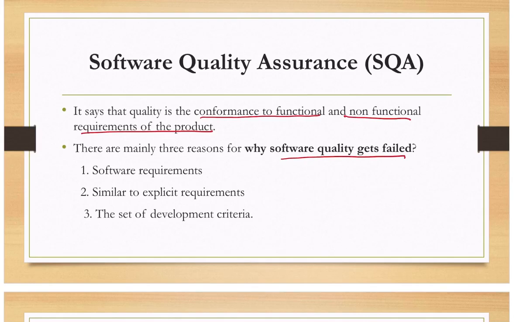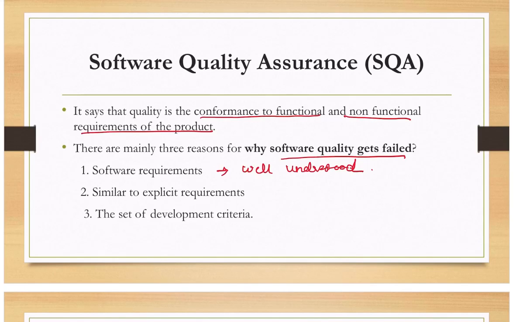The first one is software requirements. Software requirements must be well understood before the software development process begins. The second one, similar to explicit requirements, is that it is also essential to understand the implicit requirements of the software.